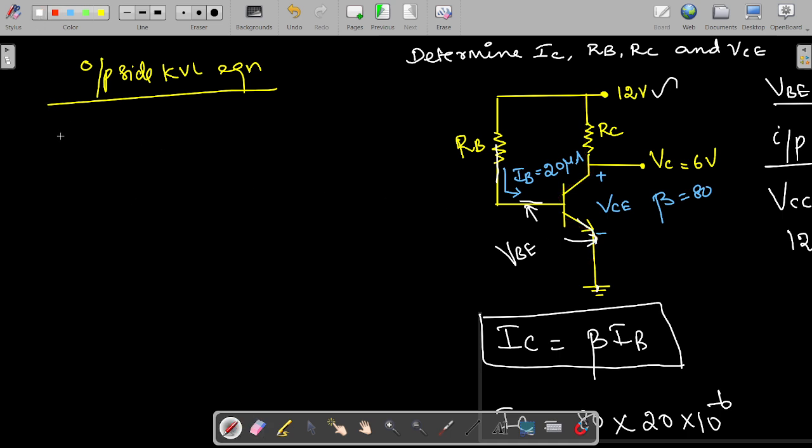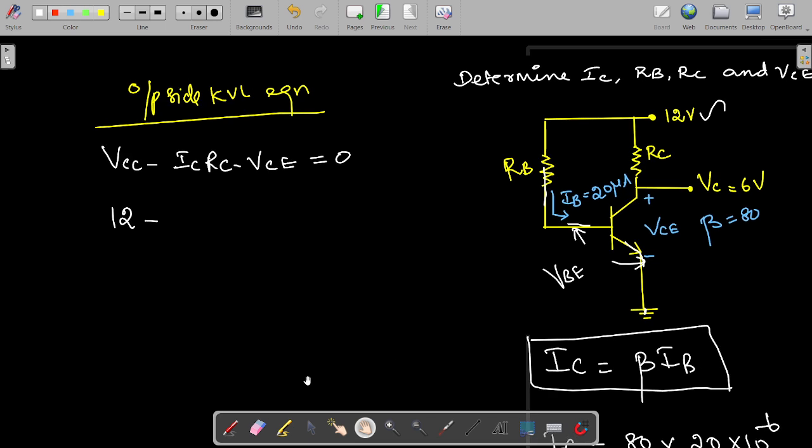So we write the equation for this, that is VCC minus ICRC minus VCE, that is equal to 0. So if you substitute the values, it is 12 minus IC, 1.6 milliamps, so 1.6 into 10 power minus 3 into RC value we don't know, minus this VCE value, that is equal to 0.